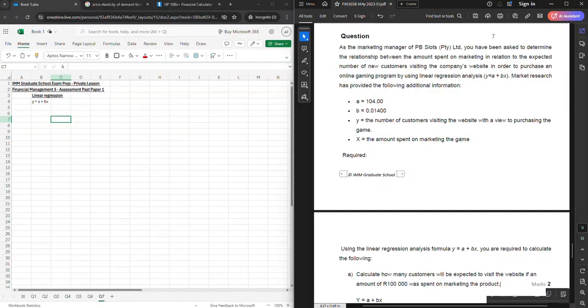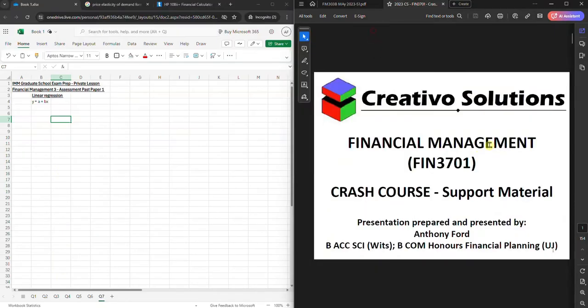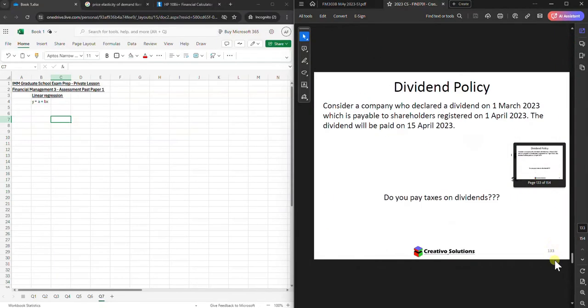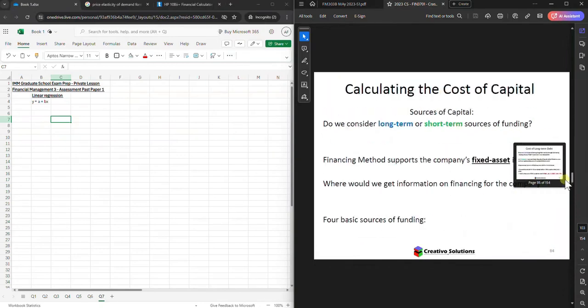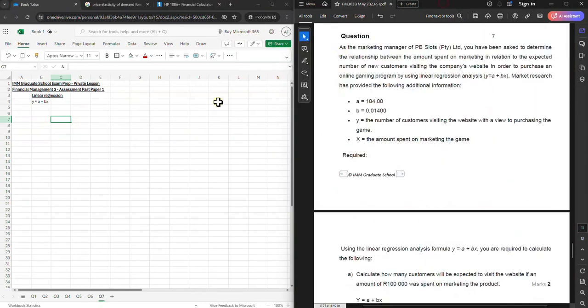The way they generally put it across is that A is the amount of customers without marketing. That A is the sales we make with no advertising, meaning our base sales.